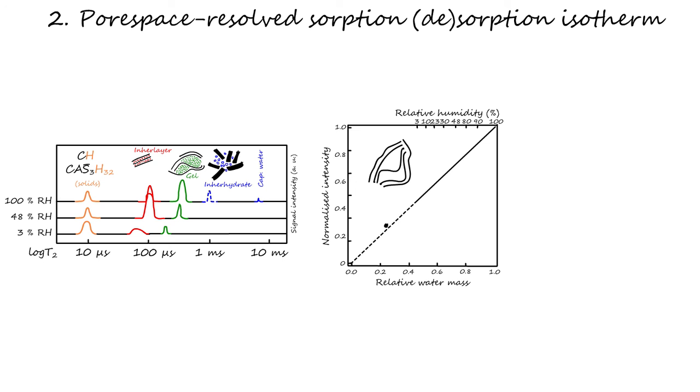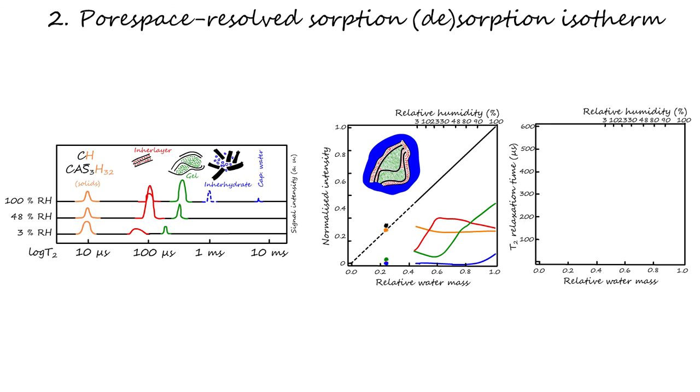Since the NMR signal is proportional to it, it is on the diagonal of the plot. We again plot the intensity of the solids in orange, which appears now to increase slightly towards lower water contents. The interlayer water intensity curve has now a much more distinct shape, as has the curve of the gel pores.